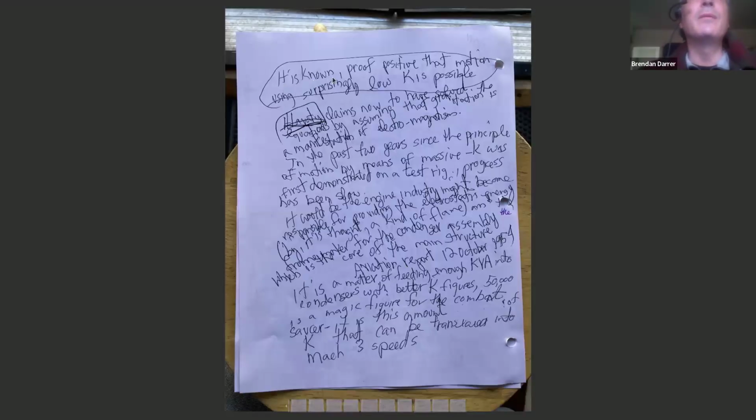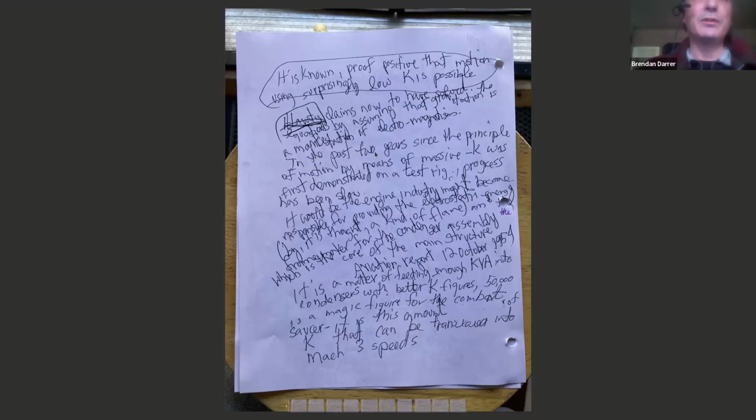It is known proof positive that motion using surprisingly low K is possible. Claims now to have solved the equations by assuming that gravitation is a manifestation of electromagnetism.